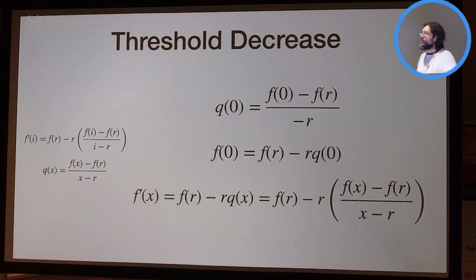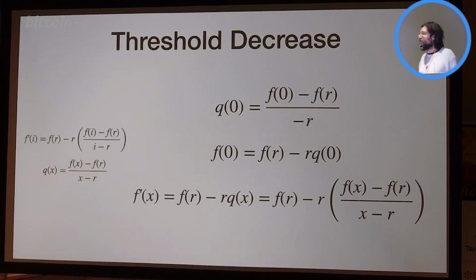So if we define our new polynomial f prime of x as f of r minus r times q of x, we know that the secret hasn't changed, because when we plug in 0, we'll get f of 0, and our secret is f of 0.